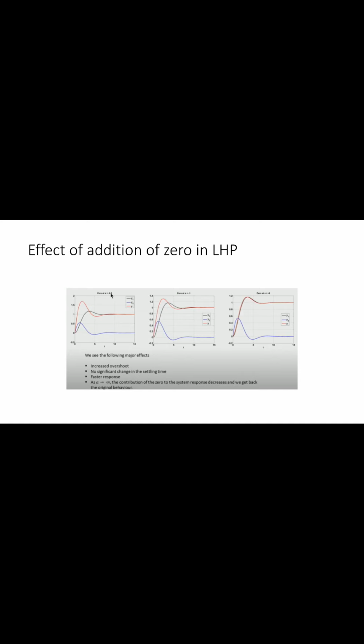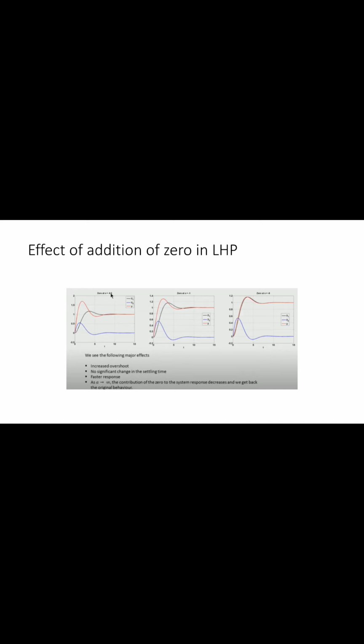So can I say the response due to the addition of 0 is faster as compared to your original response. If we check the settling time, meaning the time taken by the response to reach a level of 1, there is not much difference between the red and the black curve, so we can say the settling time is nearly the same.